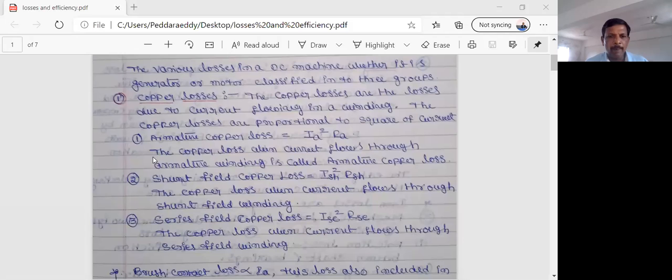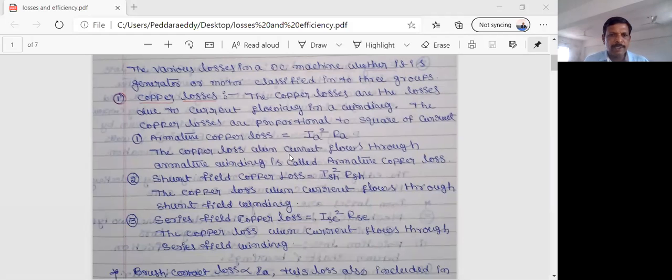Copper losses are further classified into three types: armature copper loss, shunt field copper loss, and series field copper loss. Armature copper loss is Ia squared Ra. Ia means armature current. When armature current flows through armature resistance, we get armature copper losses Ia squared Ra.